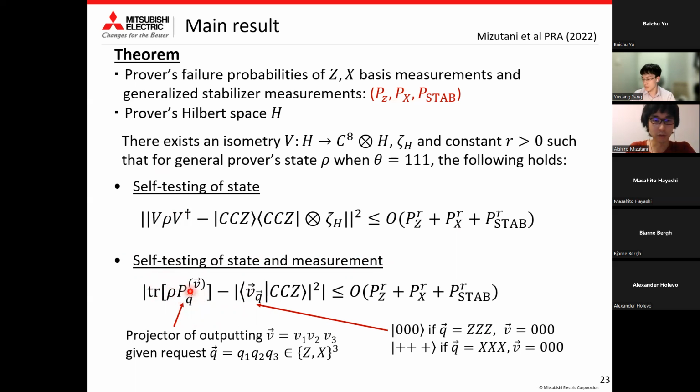This is the distribution of outputting the outcome V when the prover measures the state according to the request parameter Q. This is the actual probability, and the right one is the ideal probability: the probability of outputting outcome V when the target CCZ magic state is measured in the Z or X bases according to this request parameter Q.